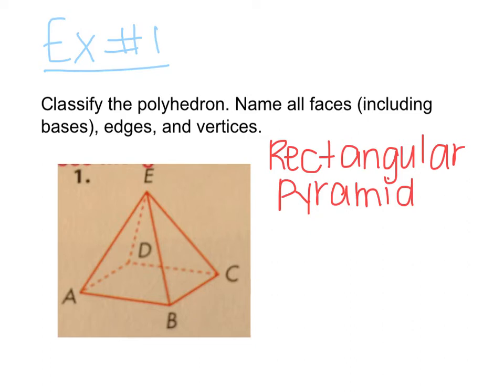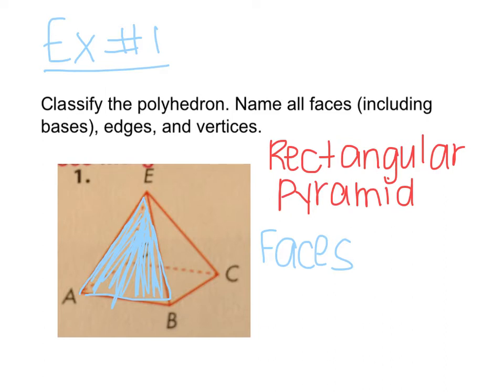So let's start with the faces. Now remember I said a face is kind of like a side. So for example, right here, if you were to shade this in for yourself, that would be one side of this shape, which is called a face.